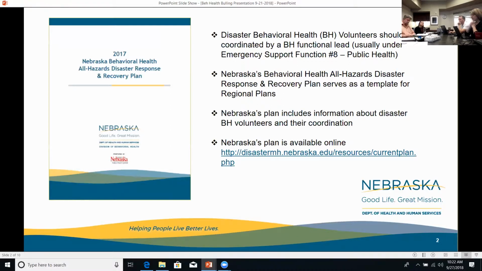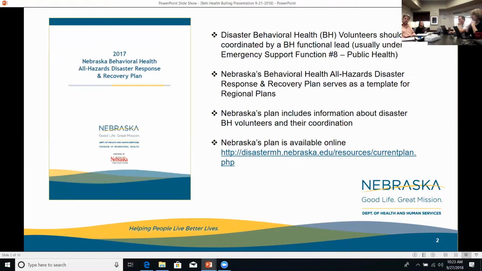But in fact, Nebraska Disaster Behavioral Health includes both licensed and non-licensed mental health personnel who have training at a minimum to deliver what we call disaster psychological first aid. Spiritual care providers, disaster chaplains, also work very closely with disaster behavioral health. In Nebraska, most of the volunteers of this workforce, both the spiritual care and the disaster behavioral health, are volunteers.